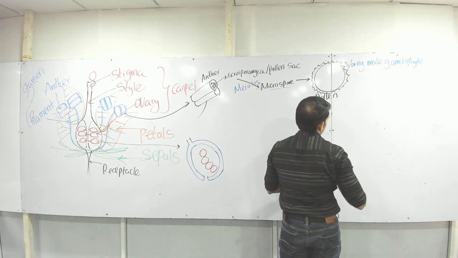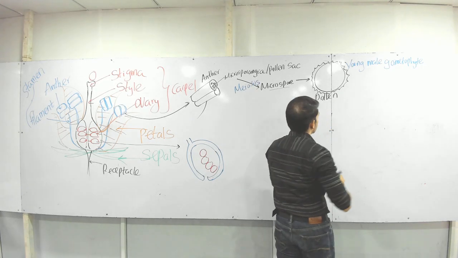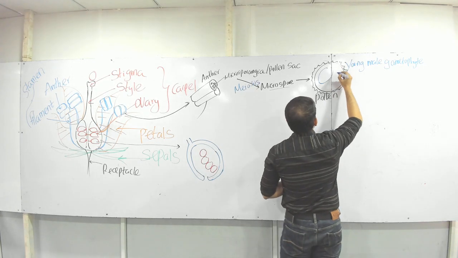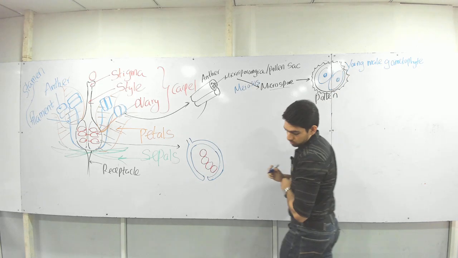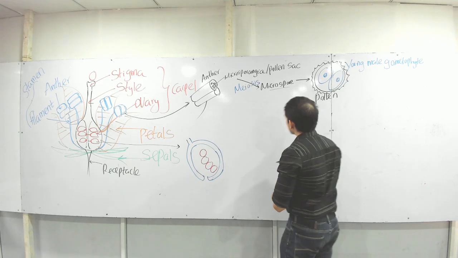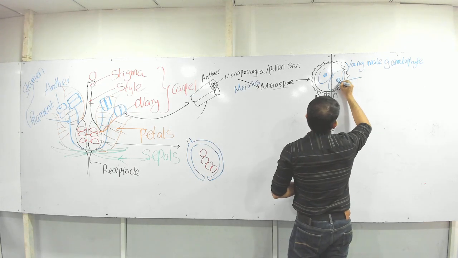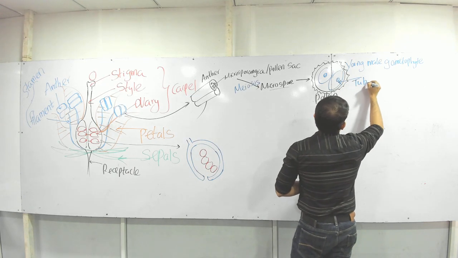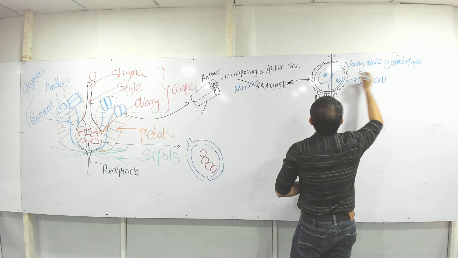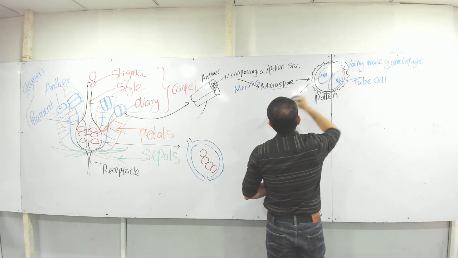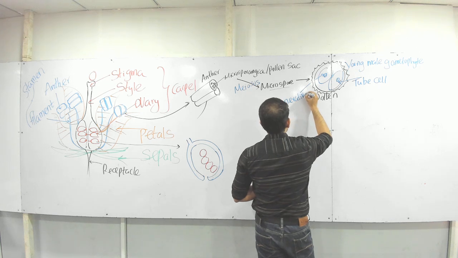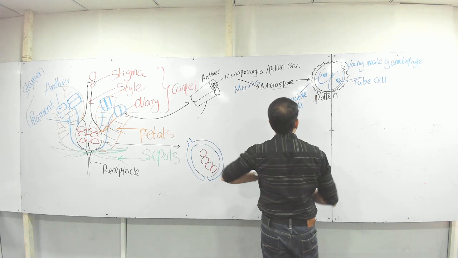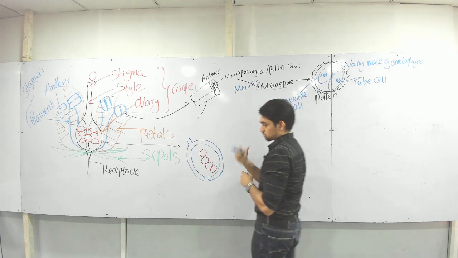This is pollen. Inside you have two cells. One is called the tube cell. The other one is called the generative cell. Tube cell and generative cell.